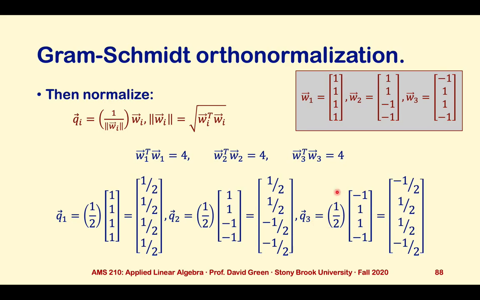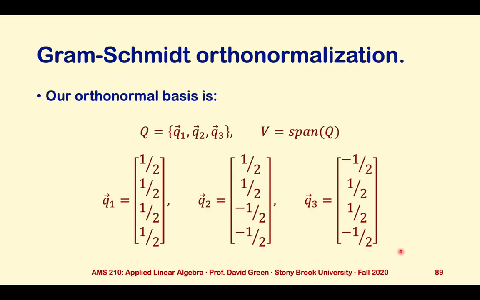And q3, multiplied by the scaling factor of 1 over the square root of 4, gives us negative 1/2, 1/2, 1/2, negative 1/2. This is now not only an orthogonal basis, it is an orthonormal basis. Our final orthonormal basis, q1, q2, and q3, is given by this set, and these 3 vectors span the same vector space that we started with.